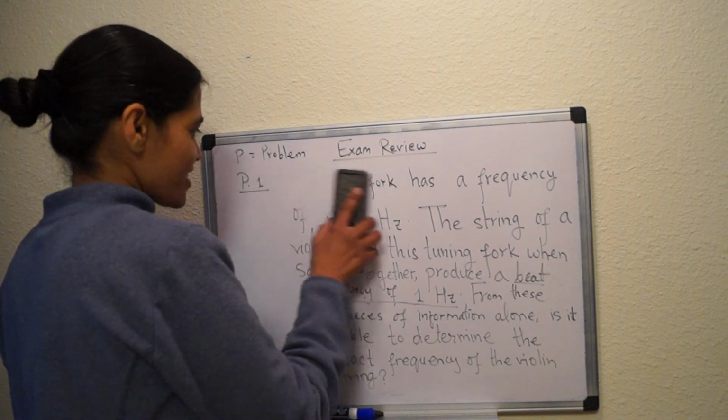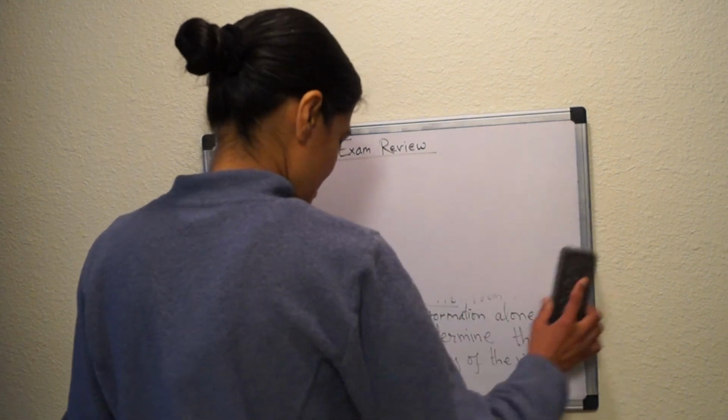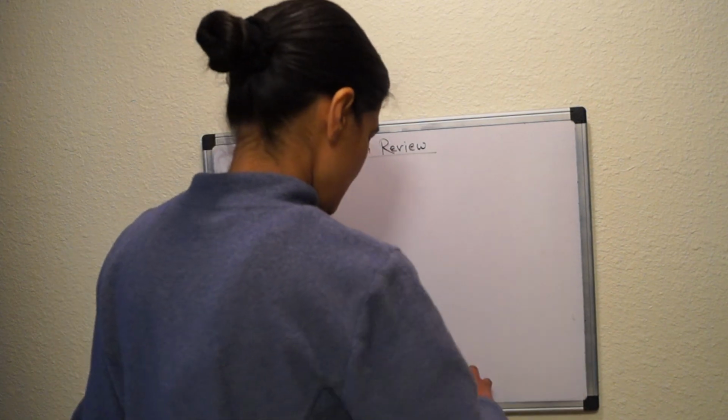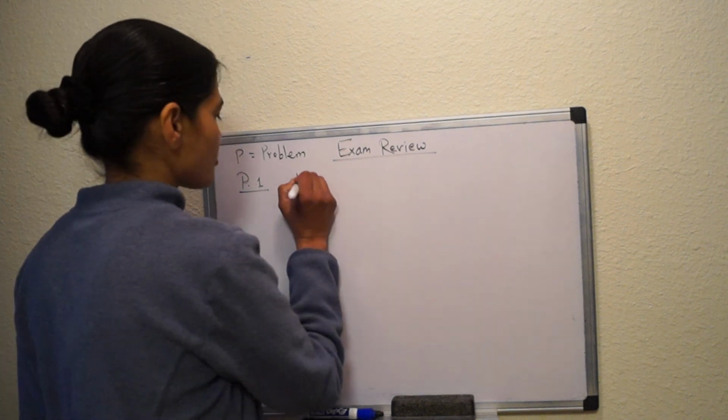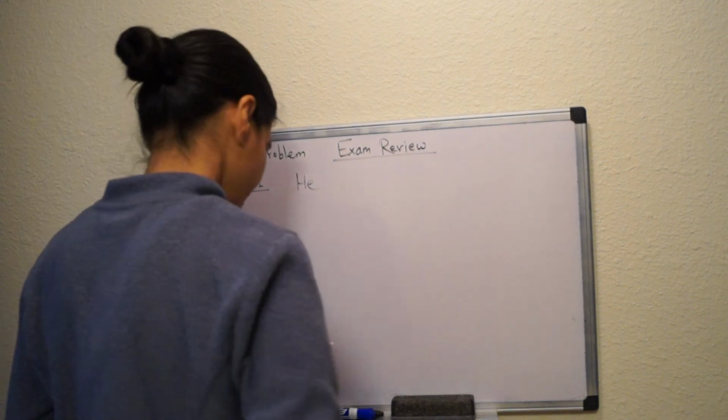Let us see. Okay, so I'm gonna try to work it out here. So this is the case of the beat frequency, right? So let's write all the given information here.